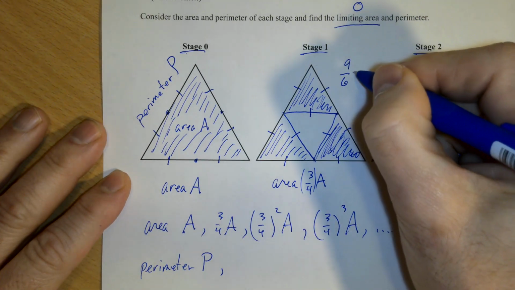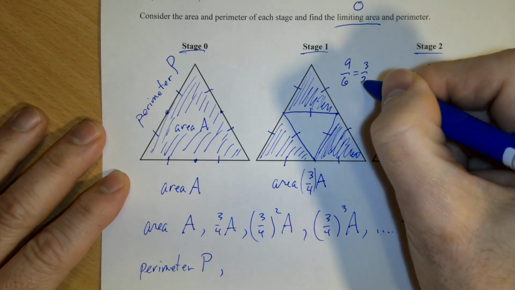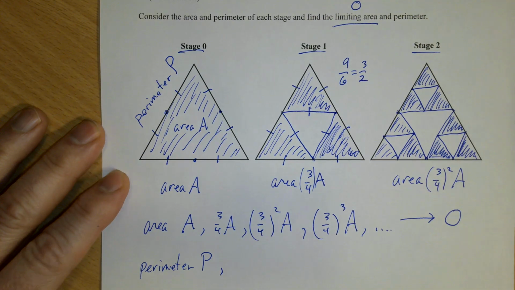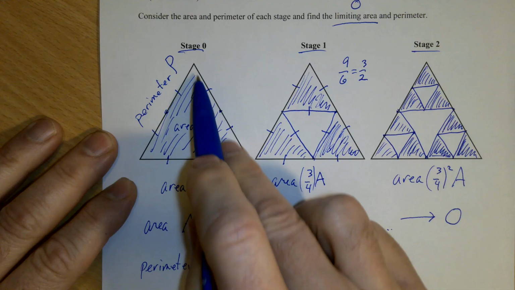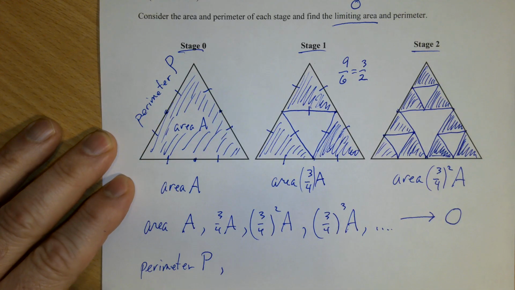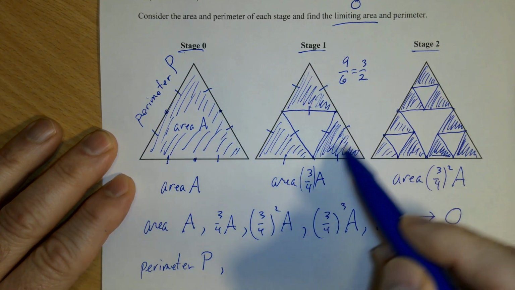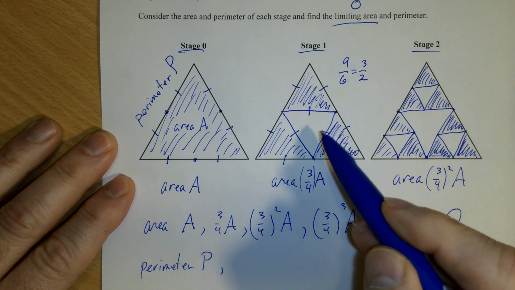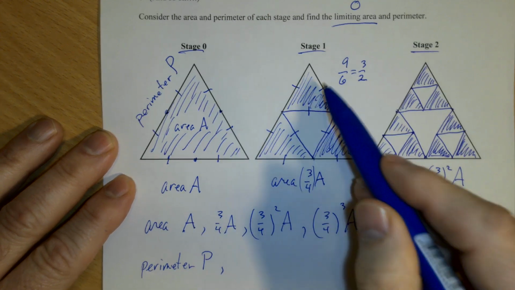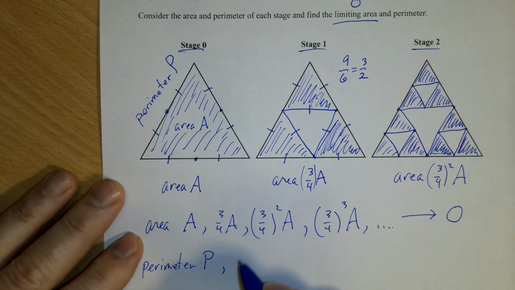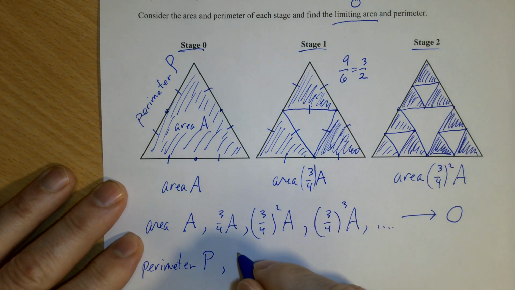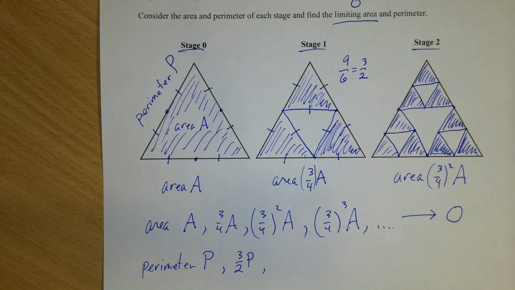Well, what is 9/6? That's the same as 3/2. So we increased by 50%. We used to have 6 of these half lengths, and then we jumped it up by another half of 6, which is 3. So the perimeter of stage 1 is 3/2 times P.